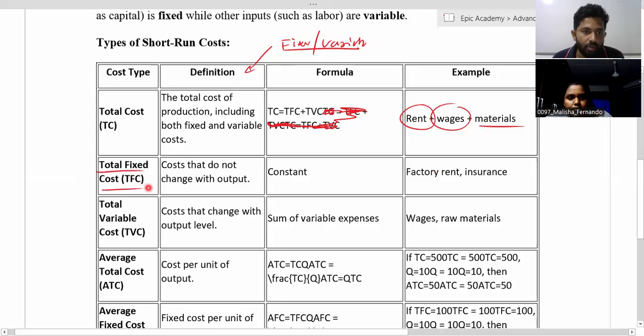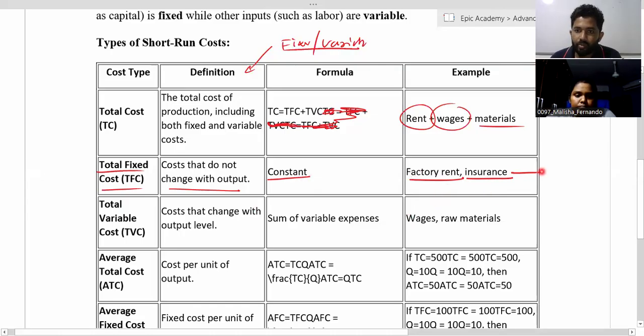So then what about the total fixed cost? Fixed cost means cost that does not change with the output in the short run. We call it fixed factor. If you are going to spend on the fixed factor, that becomes fixed cost. It is constant. It's not going to change. As examples, rent of the factory, rent of the building, cost of the insurance.